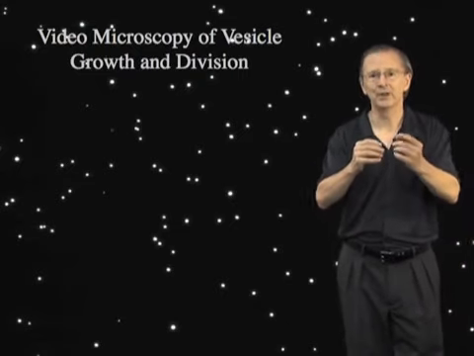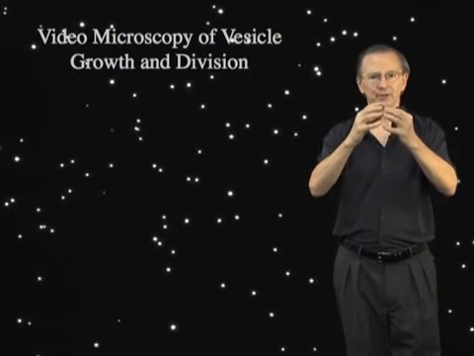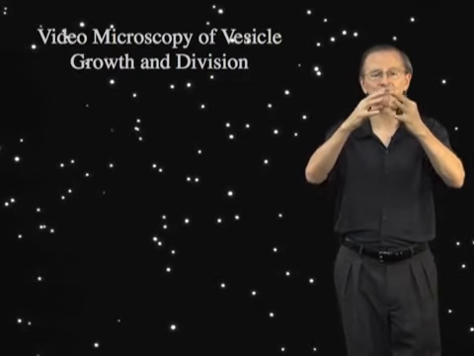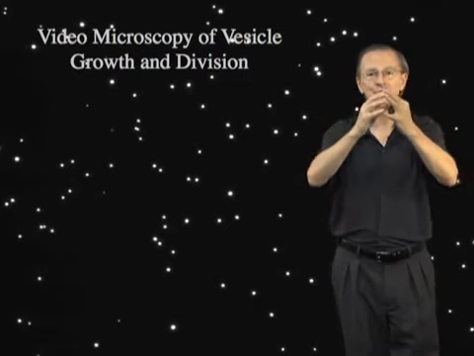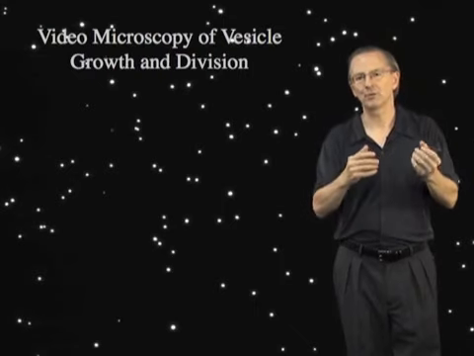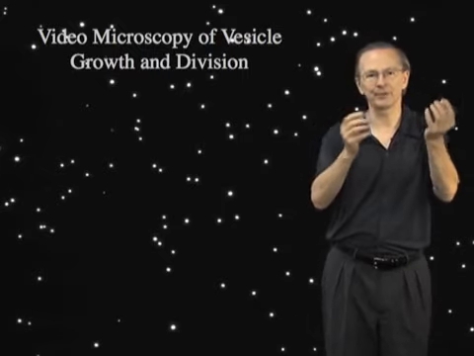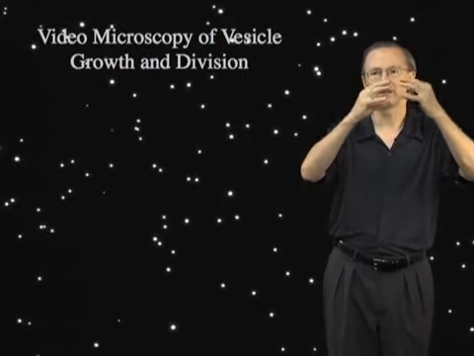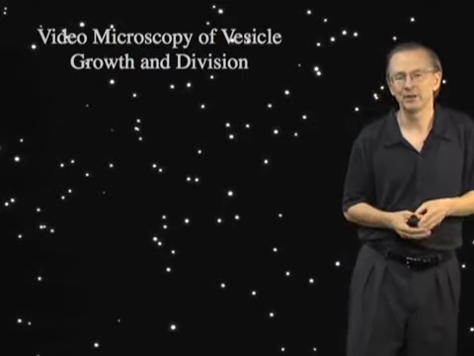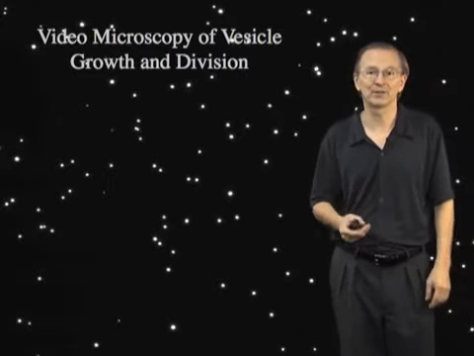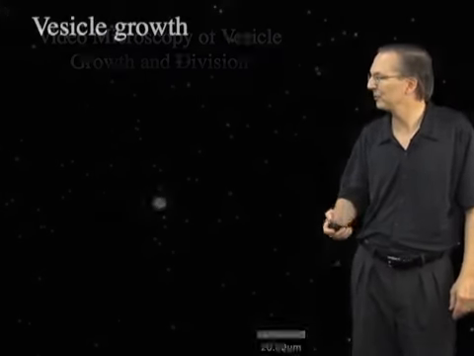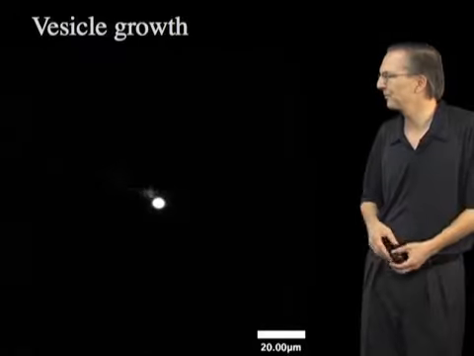What we expected was simply that these spherical vesicles would swell up a little bit. We just watched them get bigger. We thought that if the surface area grew faster than the volume, they might become somewhat elongated in shape. But we did not expect what actually happened, and which is quite dramatic.